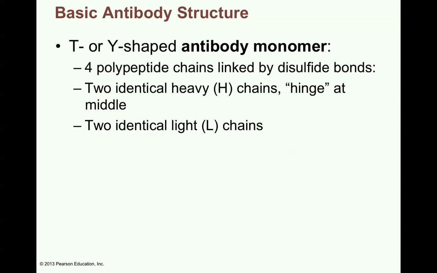Basic antibody structure is either a T or a Y-shaped antibody monomer, meaning the major part of it. It actually has 4 polypeptide chains that are linked by disulfide bonds, and there's 2 identical heavy chains, H chains. They hinge in the middle, and then 2 identical light or L chains.